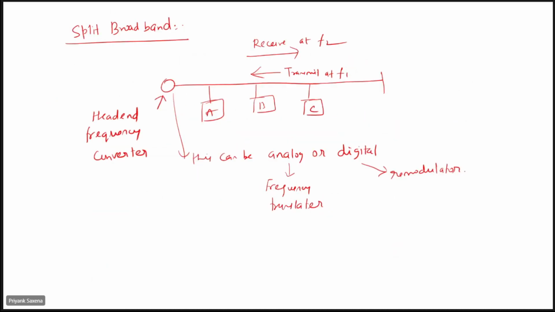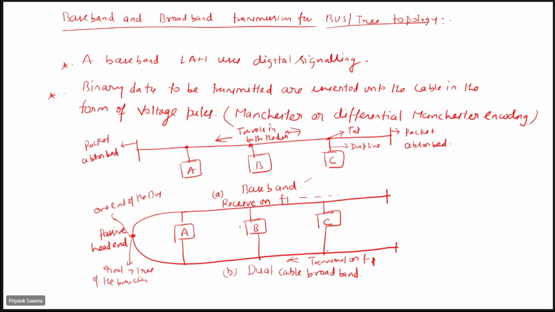And there is another one, but this has a disadvantage. Can you say the disadvantage of this dual cable broadband? As you can see, it is a dual cable, so the cabling requirement is high, right?